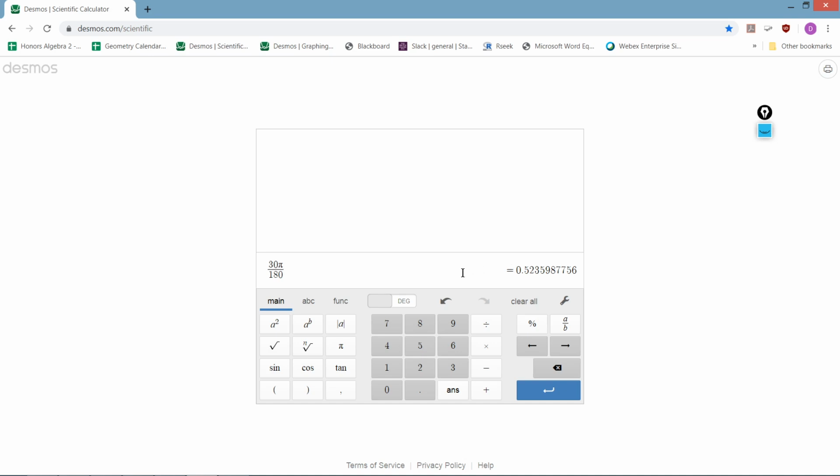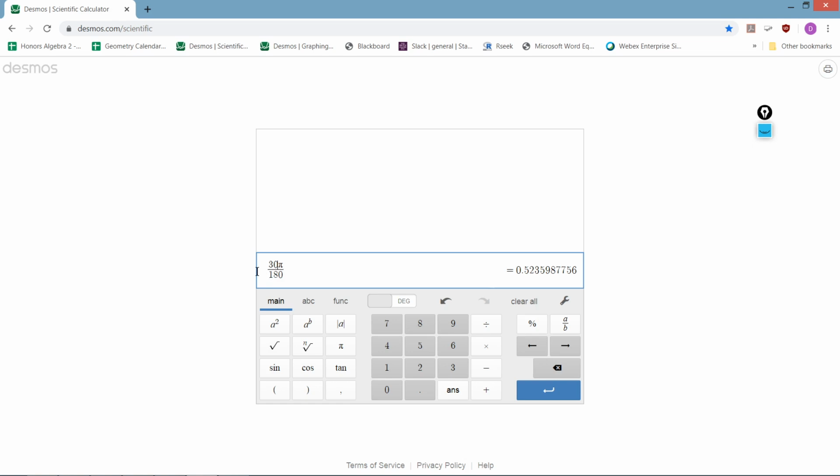Typically, with radians, you want to have pi in your answer, and the angle measurement being written in terms of pi is a good indicator of it being in radians. Technically, you could do degrees and have a pi value in there, but it's just kind of a scumbag thing to do.